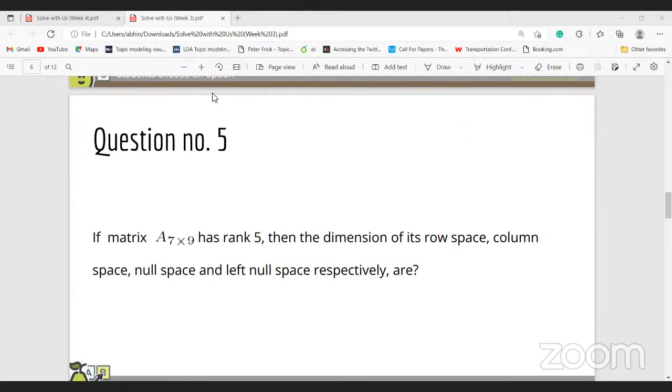Yes, Srinivas. Sir, although the answer is clear, if you could just once explain all the 4 terms after the answer. Sure, I'll explain. All the answer is more or less clear. Okay, I'll explain.